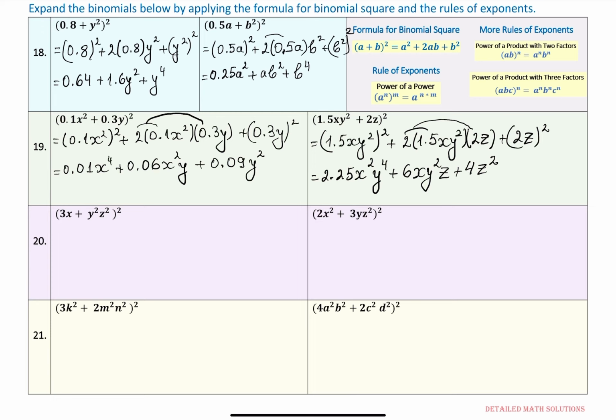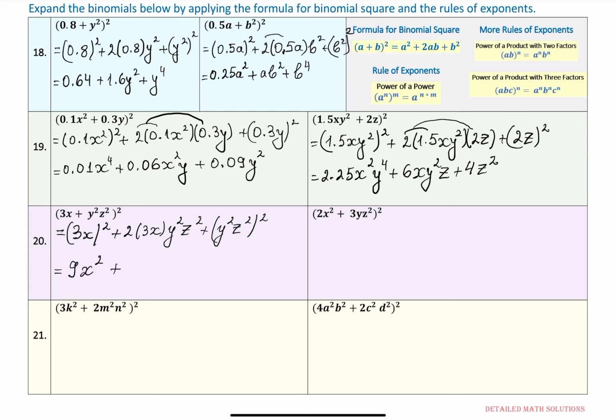Next exercise. (3x + y²z²)². This equals (3x)² plus 2 times 3x multiplied by y²z² plus (y²z²)². 3 squared 9, x² is our first term.